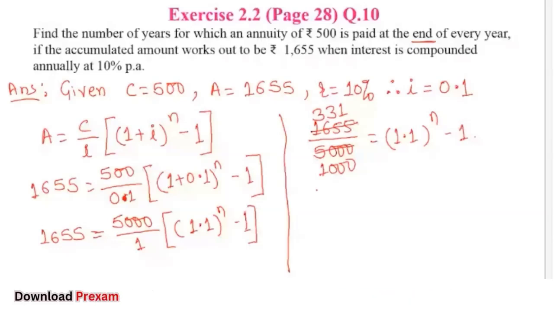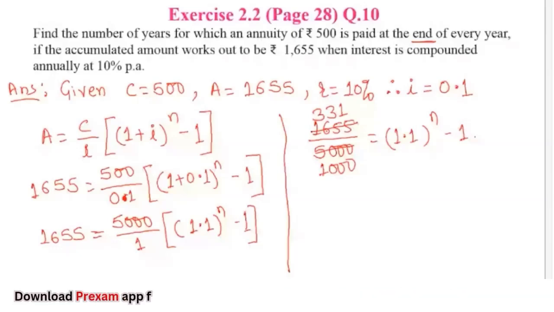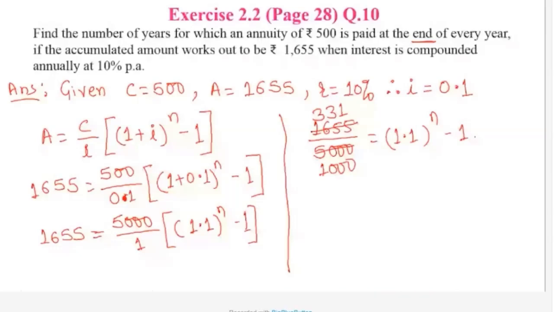Here it is, Prem. 331 divided by 1000. 0 point. Shift the decimal point. 331 is after 1, shift it 3 zeros to the left side. So 0.331. Prem, what are you doing, beta? Hello, Prem. Voice is breaking. Okay, 1 sec.